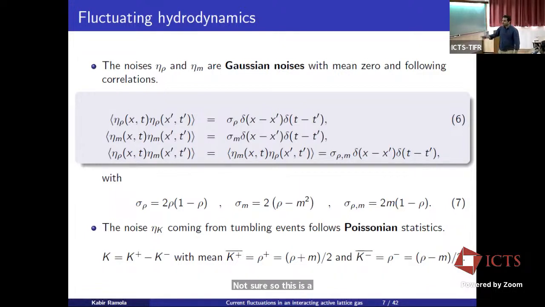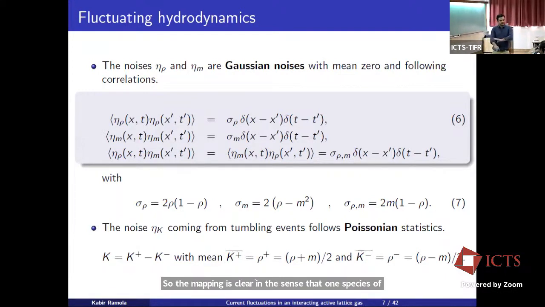No, the mapping is clear in the sense that one species of particles is A, one species is B. But the ABC dynamics is different from the model. The dynamics is D, which tells you the interchange of A and B, and B and C interchange would also be D in this case. The bias would just be lambda, just like the ABC model. So the mapping is clear, but how the hydrodynamic equations are derived, that's something I have to check. Maybe you can talk later.